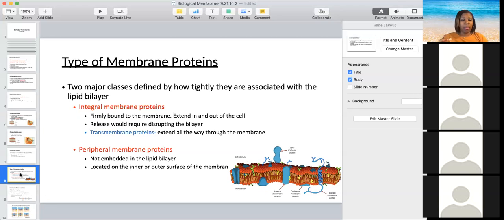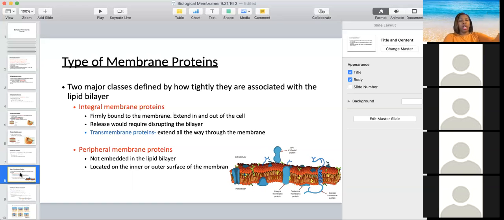You will disrupt that bilayer. So when you hear integral, think something that's super important and you don't want to alter. You're conceptualizing that these integral proteins are a vital part of the structure of this membrane, and if you try and remove it, you're going to compromise the integrity of the membrane.